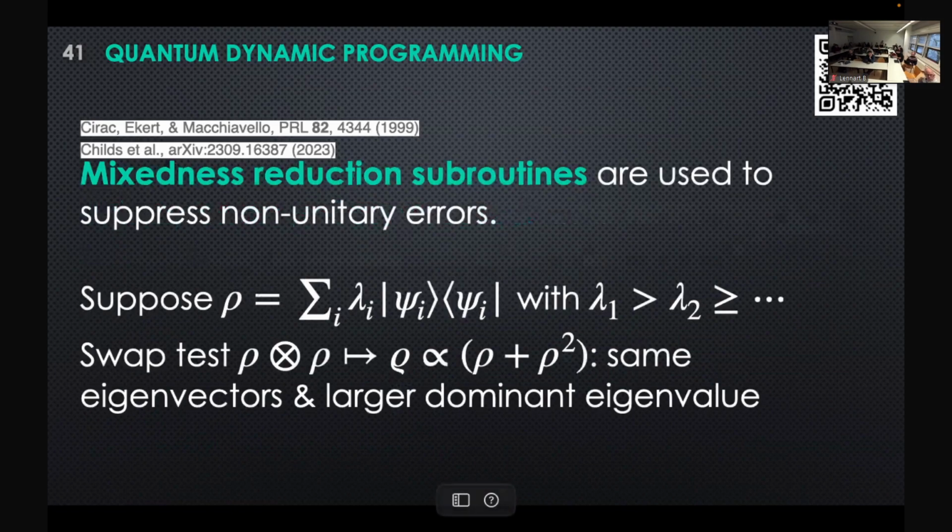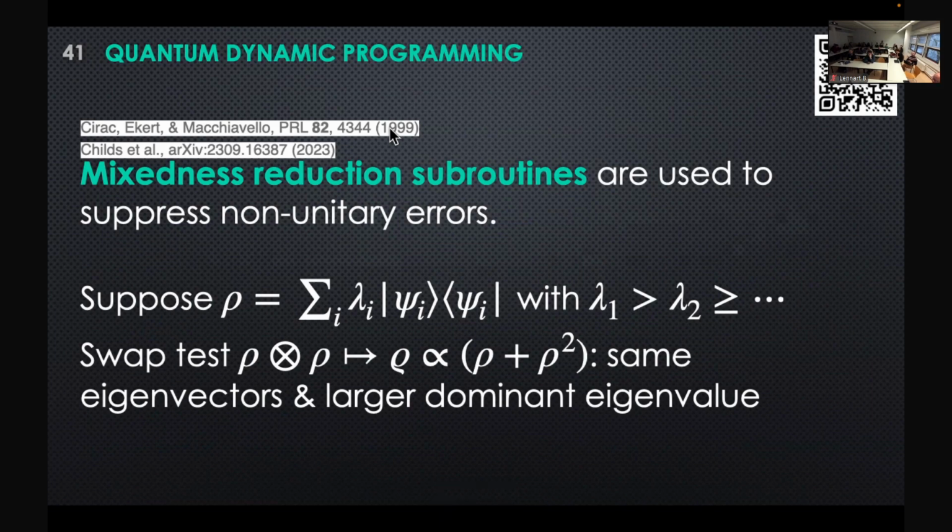That separate protocol is what we call mixedness reduction subroutines. For a single qubit, it was developed in 1999 by Cirac, Ekert, and Macchiavello. So that's this old purification idea, when purification was still called that and not distillation, right? Yes.